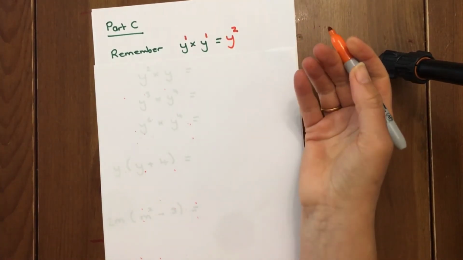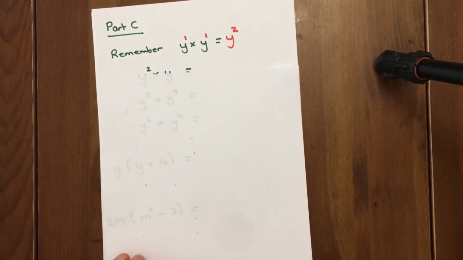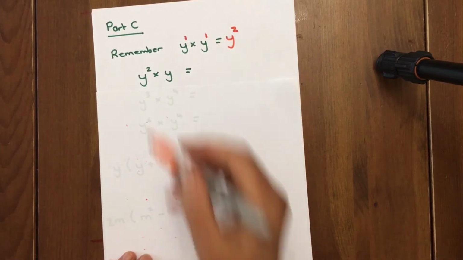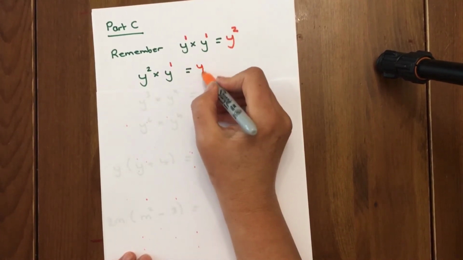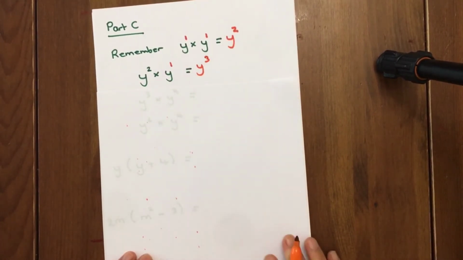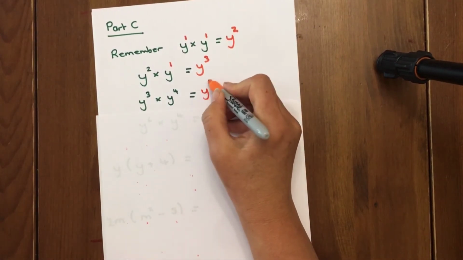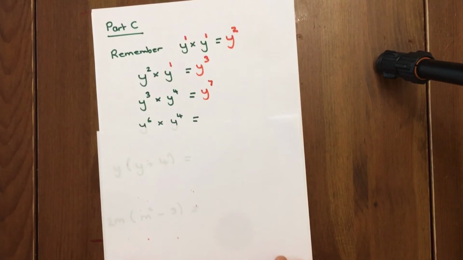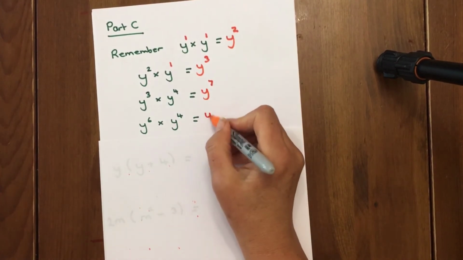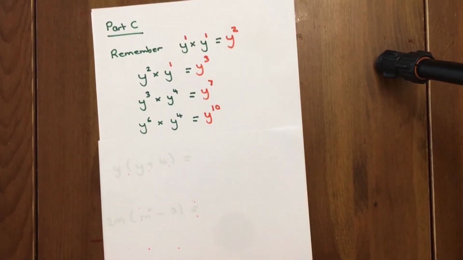So y times y is y squared. So what would we get here? Well, we add the powers, we get a 3. What would we do here? We add the powers, so we get 7. We add the powers, so we get 10. So we're going to use that now when we're multiplying out brackets.